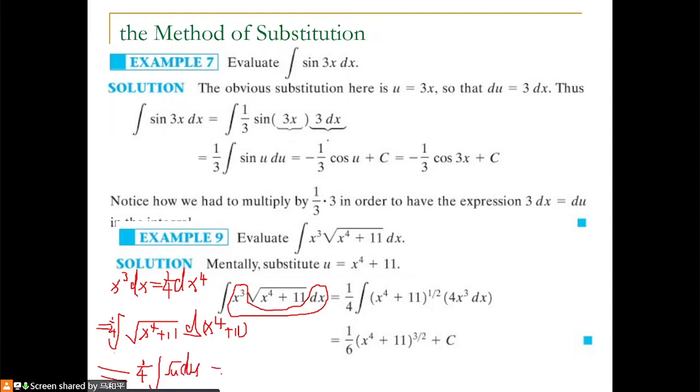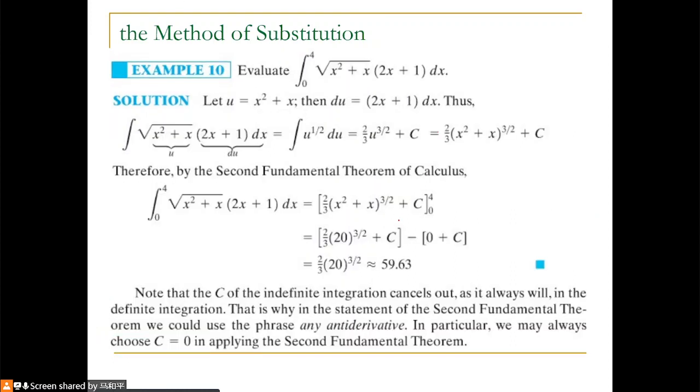You can directly write 1 over 4 times 2 over 3 times x to the 4 plus 11 to the 3 over 2 plus c, which is 1 over 6. I also write like this. Okay, we continue.